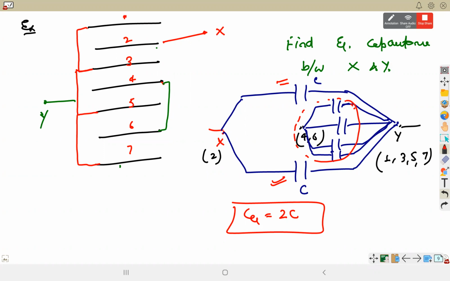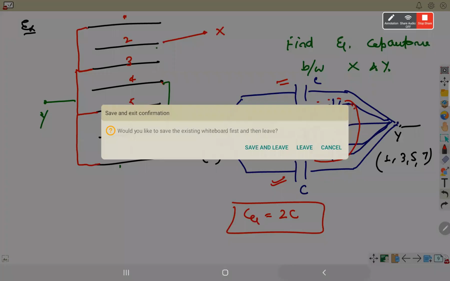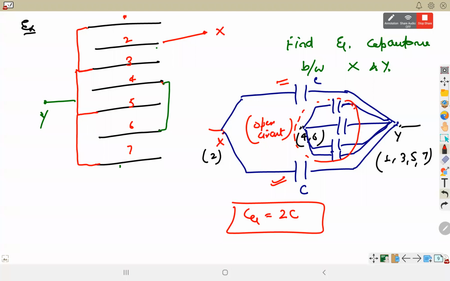This is called open circuit. ओपन सर्किट को एक अलग केस की तरह भी समझ लेते हैं. अंडरस्टूड. अगर किसी भी कैपेसिटर में the connection is only on one side, the other side of capacitor is not connected, there will not be any charge going in that capacitor, hence that capacitor can be ignored.